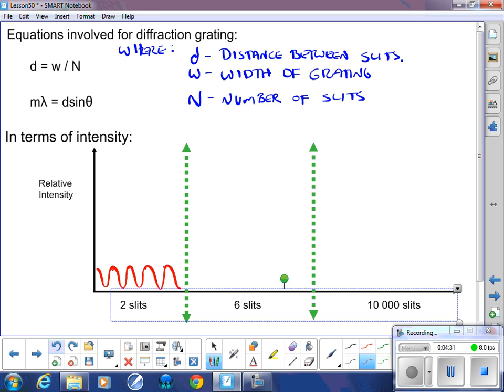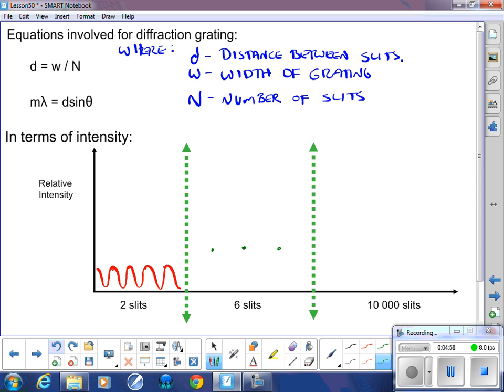What happens if we jump it up to 6 slits? If you increase the number of slits that light's passing through, what will happen in the resulting graph is the intensity will increase a little bit, and what you'll find is you start getting fewer peaks. All right, let's see if I can space it out kind of evenly.